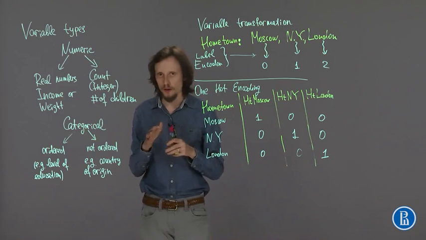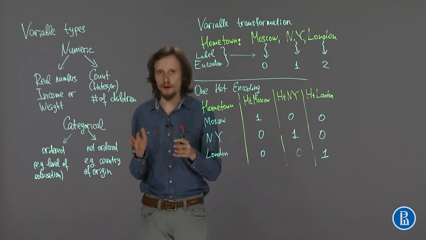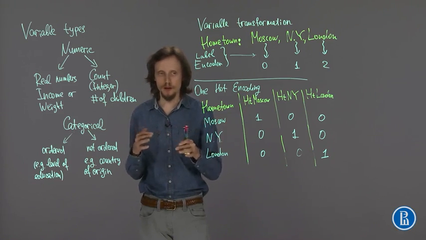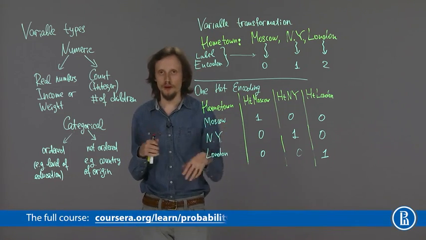Anyway, we have to transform our data in a numeric form before we can proceed with the analysis of this data by machine learning tools. Sometimes these transformations are as simple as we discussed here.